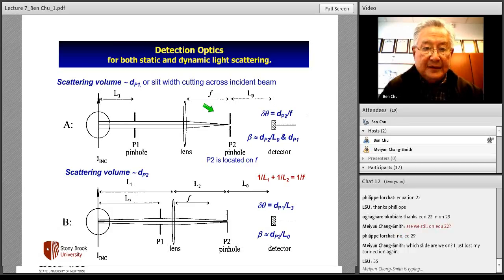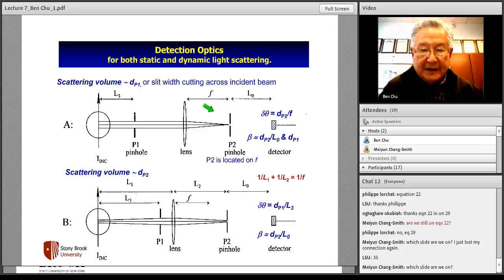But what about the little pinhole P2? It determines the uncertainty of the scattering angle, delta theta, which is roughly equal to the diameter of the pinhole P2 divided by the focal length of the system.